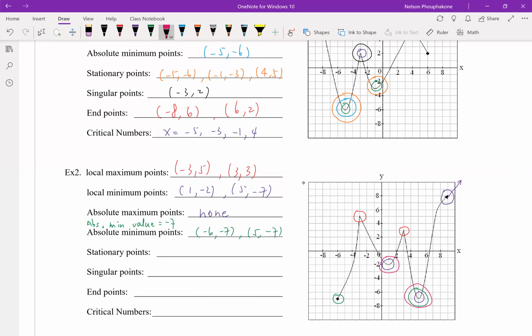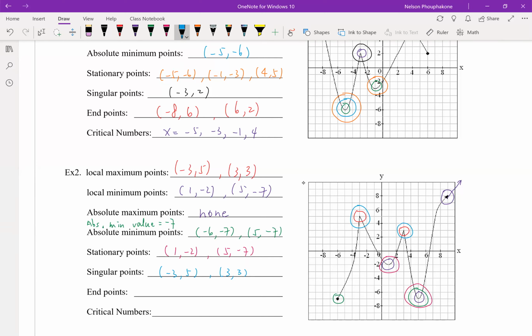So the stationary points will be (1, -2) and (5, -7). And the singular must be this one and this one, because the derivative basically is undefined. So (-3, 5) and (3, 3). Okay.